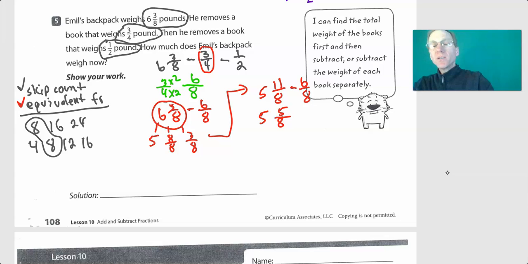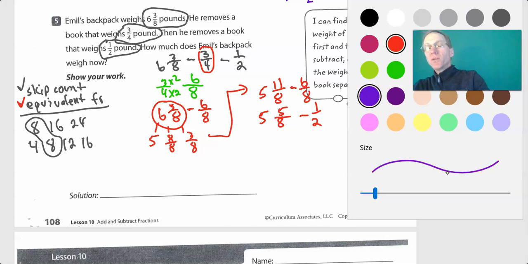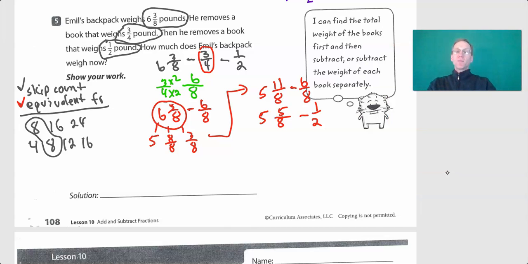Because 11/8 minus 6/8. All right, and now, this is tricky though. Don't forget about the 1/2. Now I have to subtract 1/2. Now this one you might just know. There are a lot of ways to write 1/2. You can write 2/4, 3/6, because you're saying I have 2 parts, and I want half of the parts.